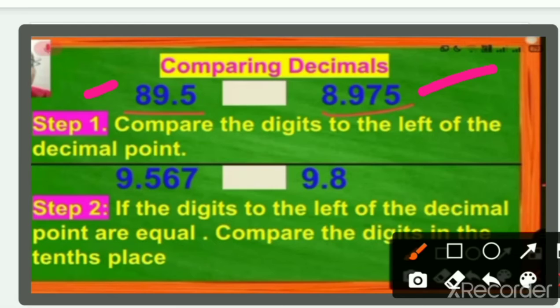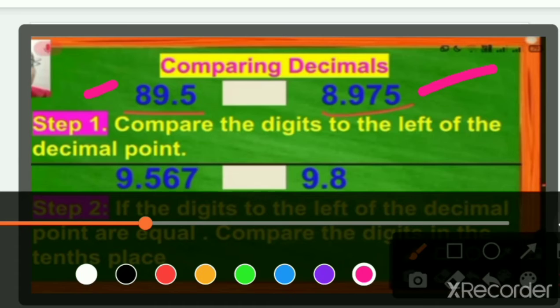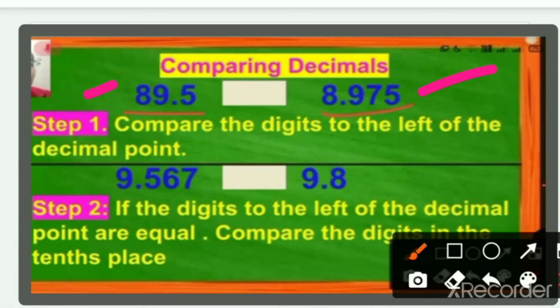Step number 1 is to compare the digits to the left of the decimal point. It means we have to check how many digits are there. Here it is 89.5 and 8.9, so 89 is greater, so this will be greater.